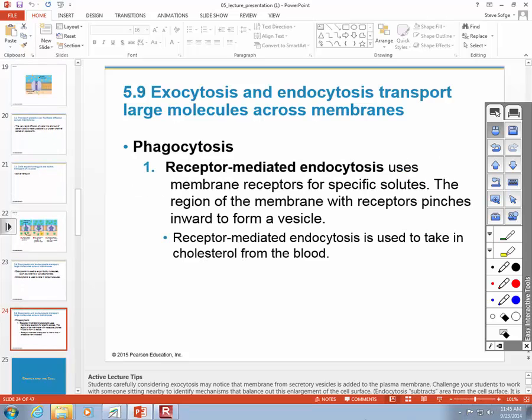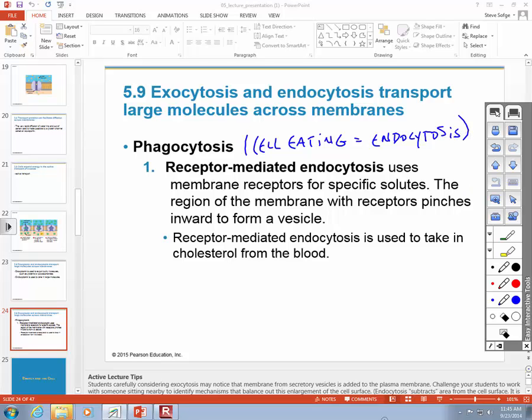Nice sheets. Okay, phagocytosis. This means cell eating. This is an endocytosis. That's exactly what it is. That's what we just did with the white blood cell. It is cell eating, which is a type of endocytosis.